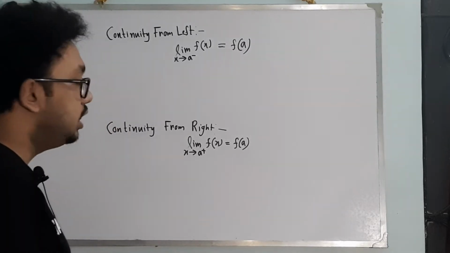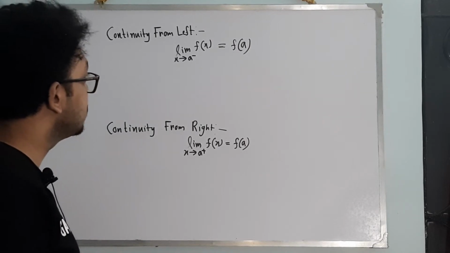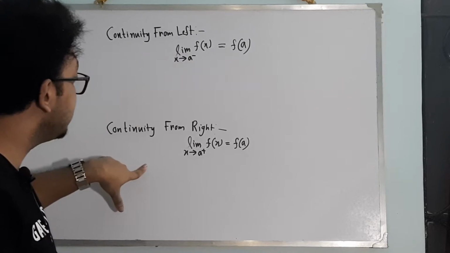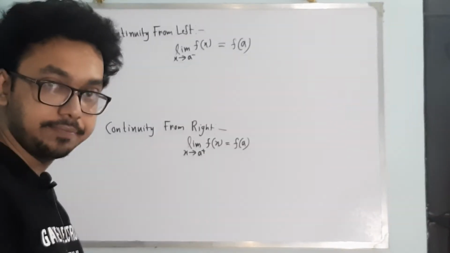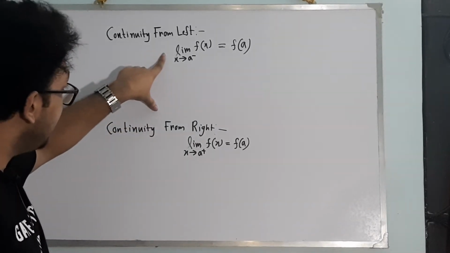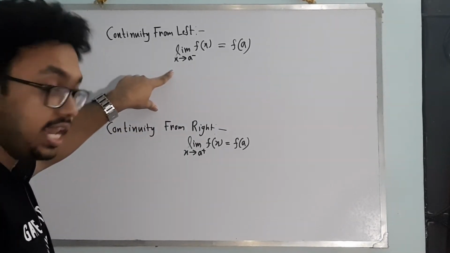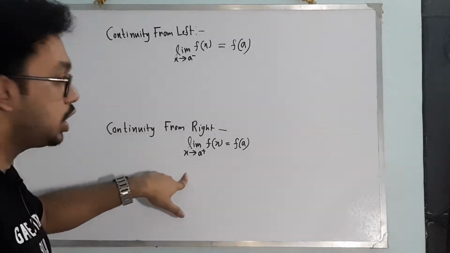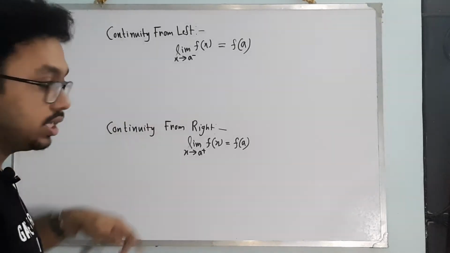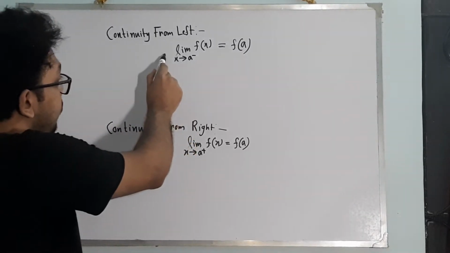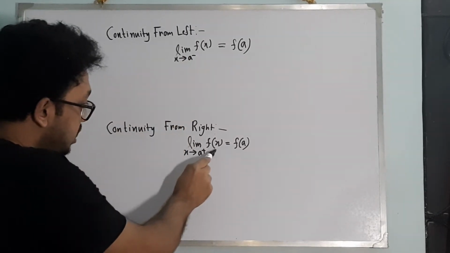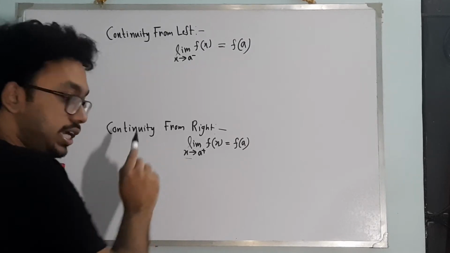Clear? Now suppose we have a function f(x) which is simultaneously continuous from left as well as continuous from right at x equal to a. Then both these conditions will be satisfied. This is the condition for a function f(x) to be continuous from left at x equal to a. This is the condition for it to be continuous from right at x equal to a.